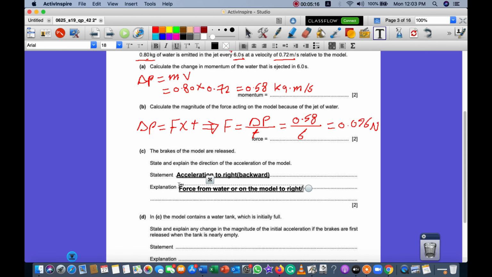Okay, or I can say acceleration in the same direction as force. So, as I said, acceleration to the right, backward, and the explanation: because the force from water on the model is to the right, or you can say acceleration in the same direction as force.